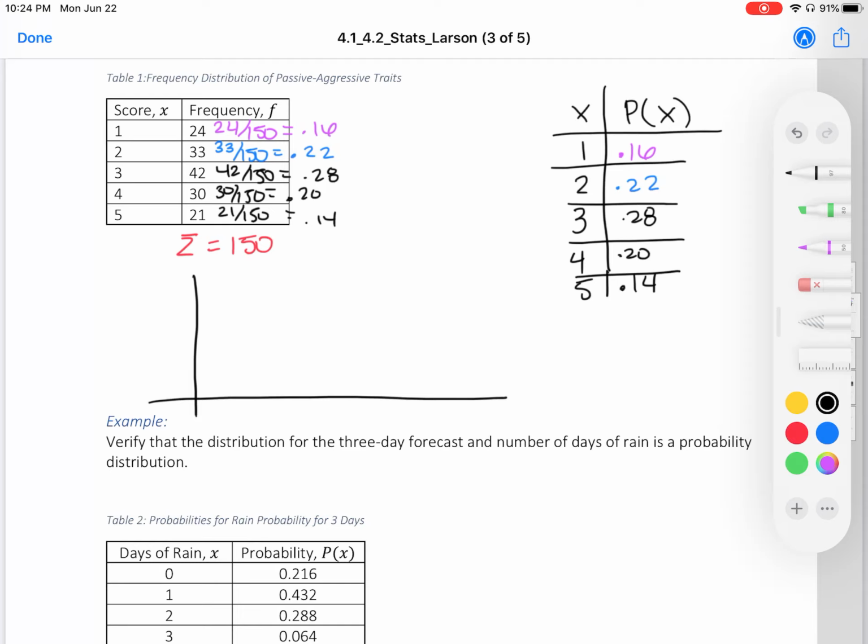Let's make our score the x-axis, and our frequency, or relative frequency, or probability, the y-axis. Our highest value has to be 1, and let's go by 0.10s: 0.20, 0.30, 0.40, 0.50.